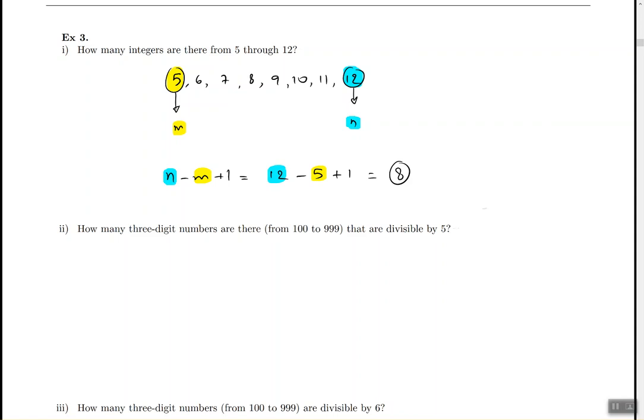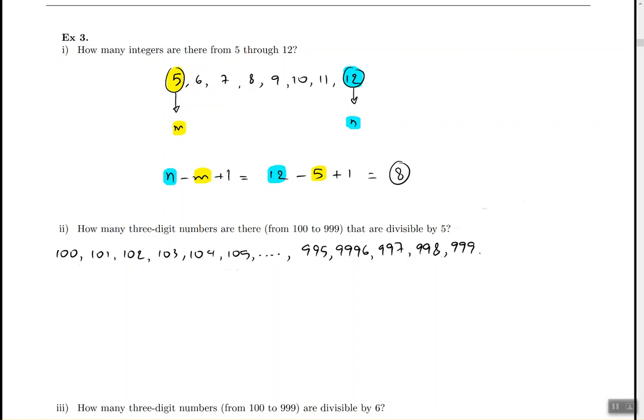Okay, so I'm going to make a list: 100, 101, 102, 103, and so on, all the way to 999, including 995, 996, 997, 998, and 999. This is my list.